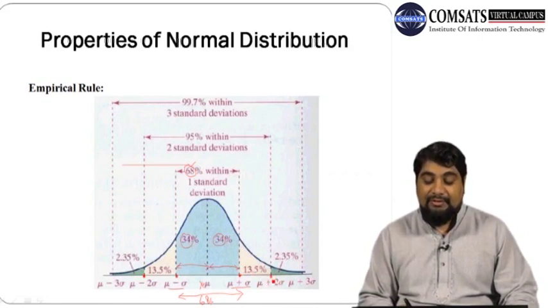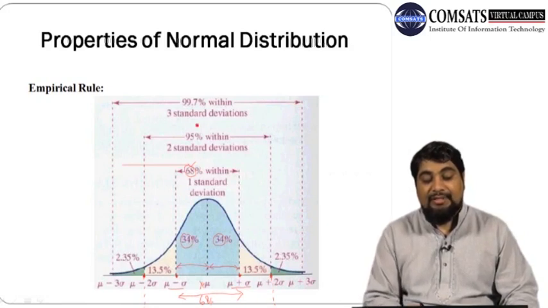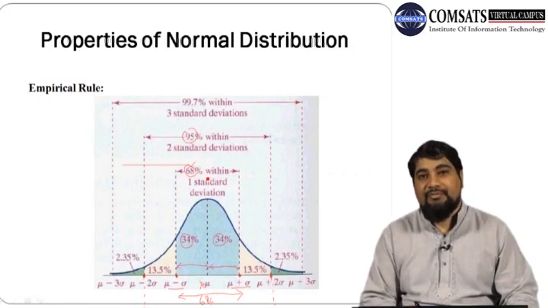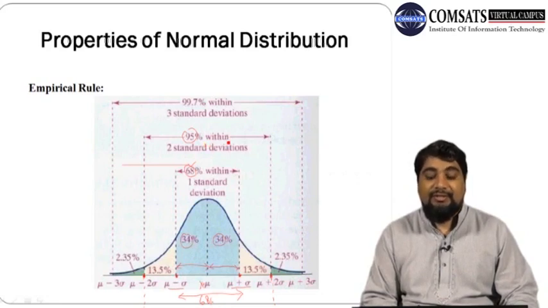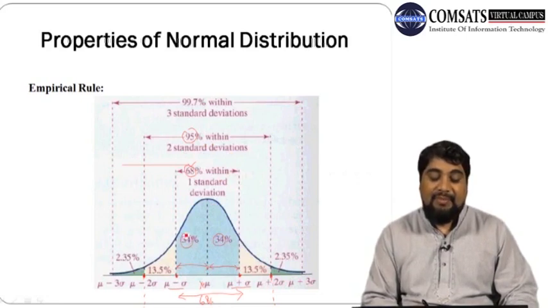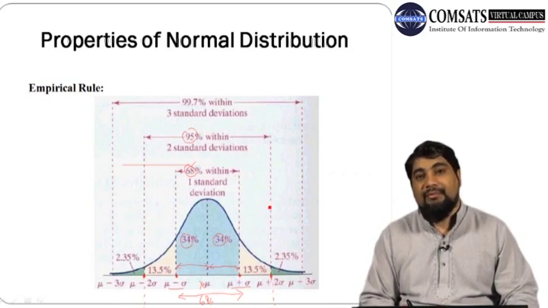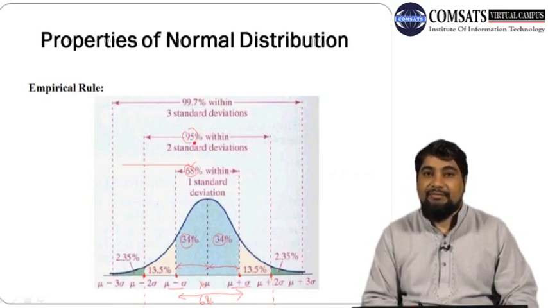The probability that x lies within these two limits, from mu minus 2 sigma to mu plus 2 sigma, is equal to 95%, or we can say that 95% of the area lies within 2 standard deviations of the mean. So within these 2 points we have approximately 95% of the area, or 95% of the probability.